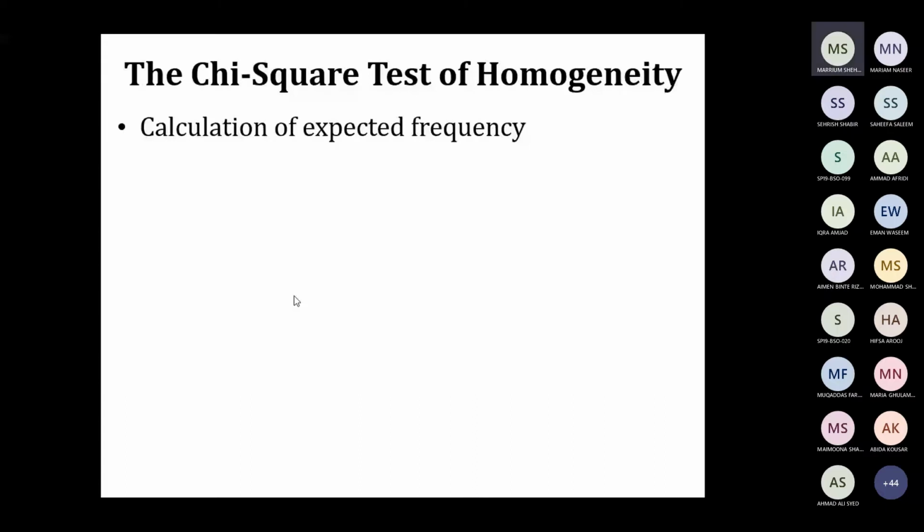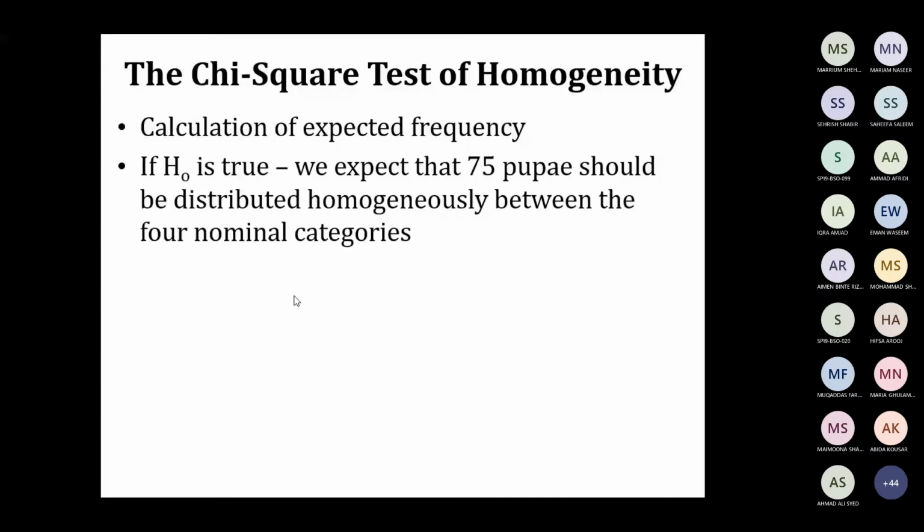That observed frequencies are equal to expected ones. It means that the expected frequencies should be the same in all of the classes. So for that purpose, we are going to calculate the homogeneous expected frequencies from the total number of observations that we have.